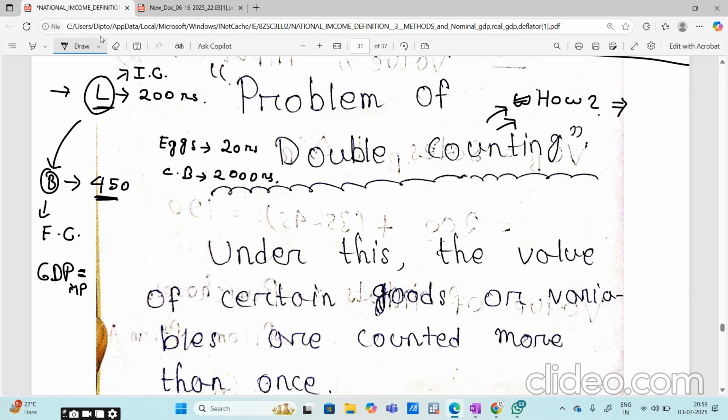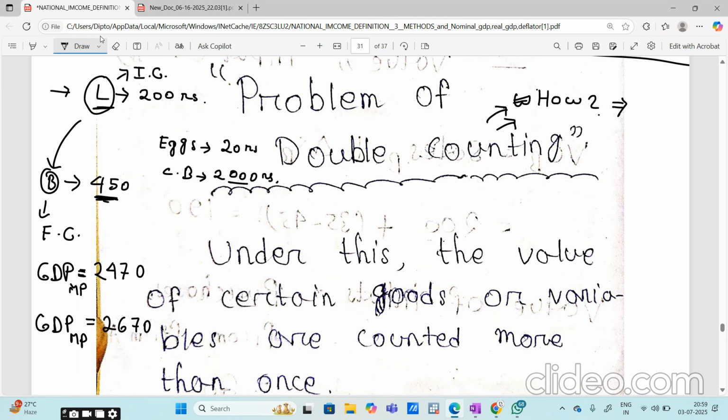So if I don't consider the intermediate good, then the GDP at market price will be 2000 plus 450 plus 20, so it will be 2470. If I consider the intermediate good also, then GDP will be 2670.